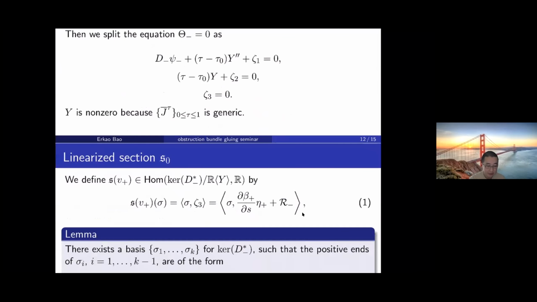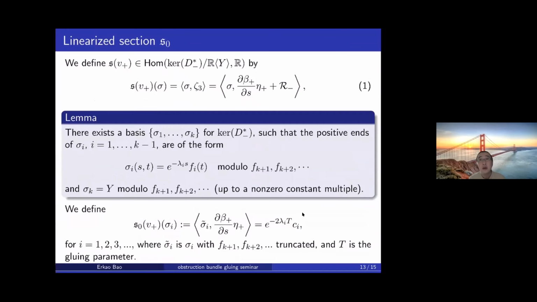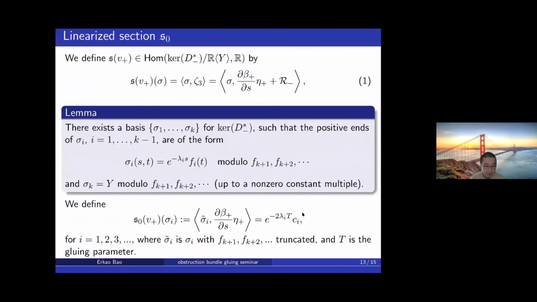So let's denote the obstruction section on the V plus to be an element inside here. So for any sigma lies in this space, the obstruction section is the dual of this vector space.